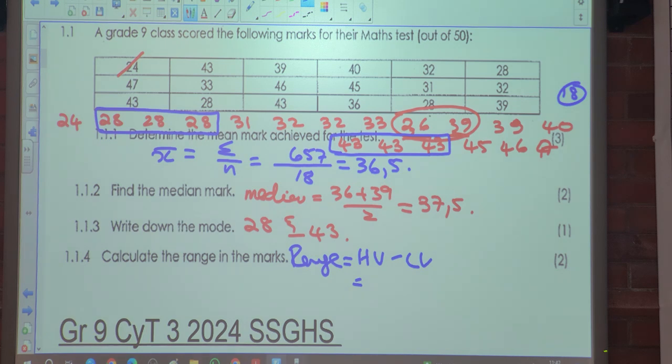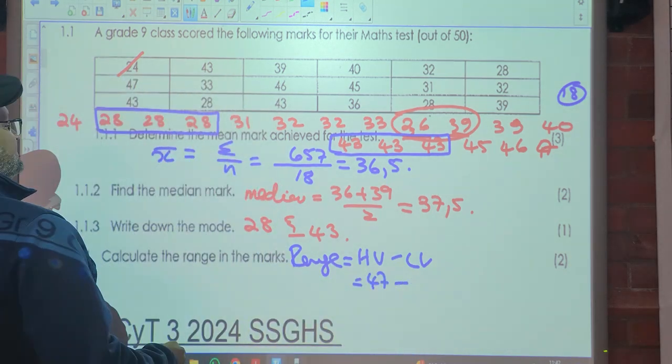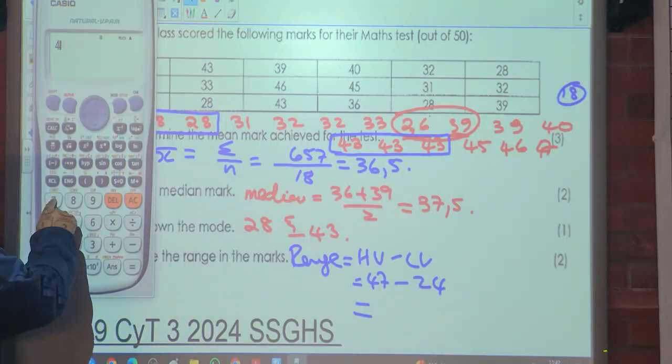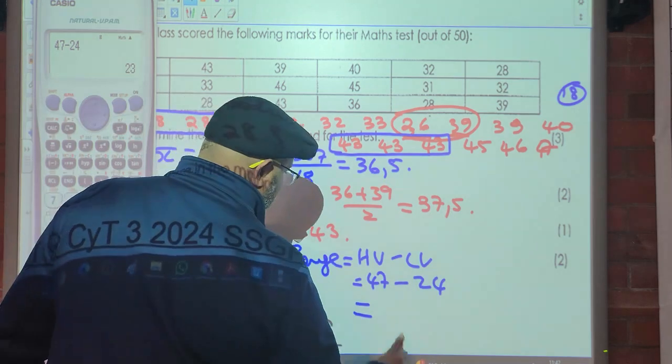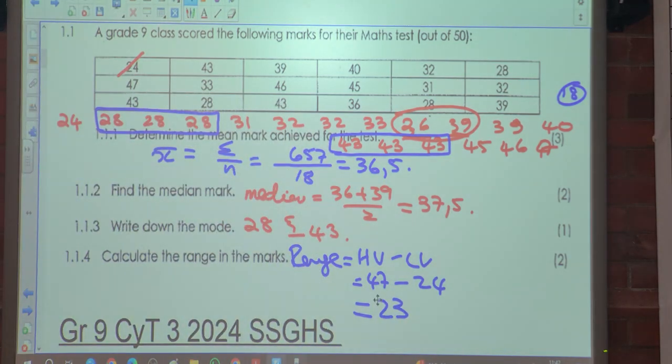Okay, so what is your highest value? 47 minus 24. So it's 47 minus 24. That gives me an answer of 23. Any confusion there, people? Okay. Next question.